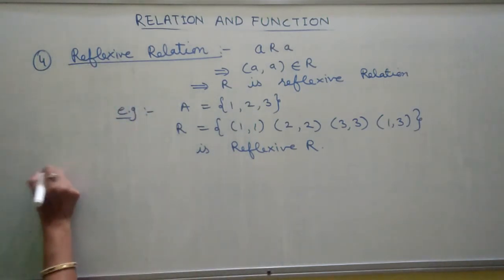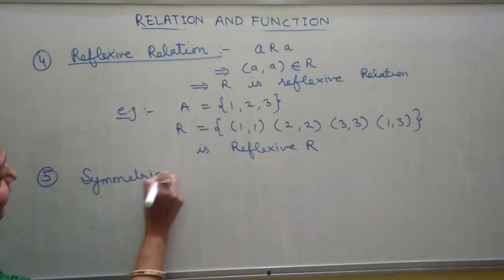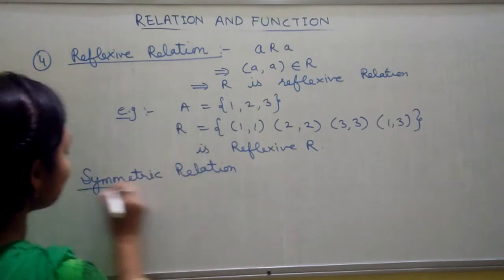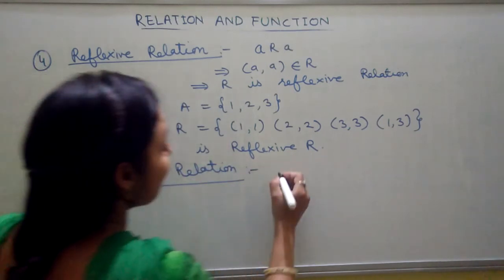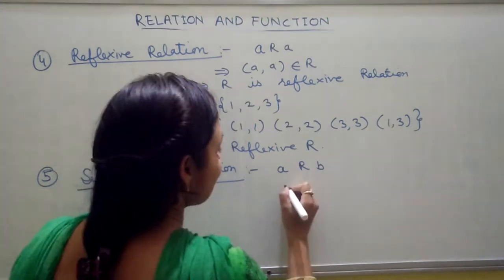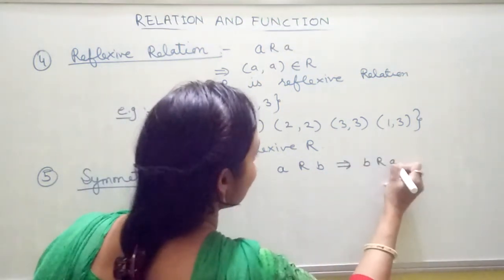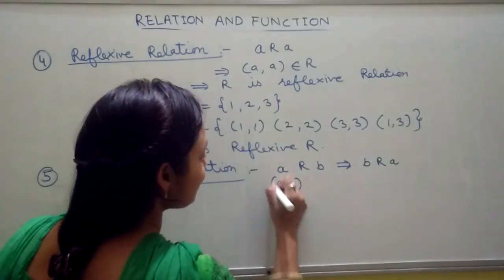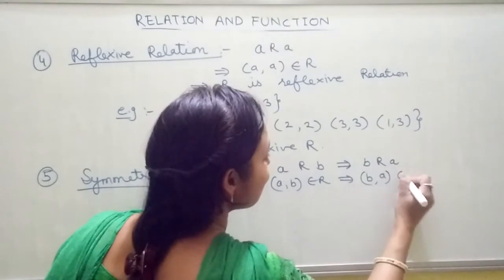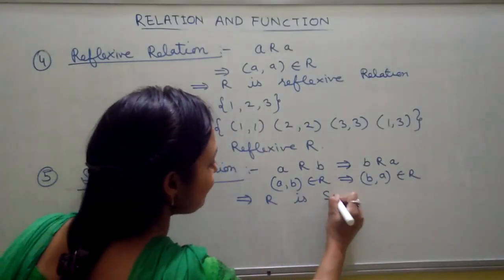Now come to the symmetric relation. What is symmetric relation? If A is related to B, and we will prove B is related to A. That means if (A, B) belongs to R and we prove (B, A) also belongs to R, then we can say that R is a symmetric relation.